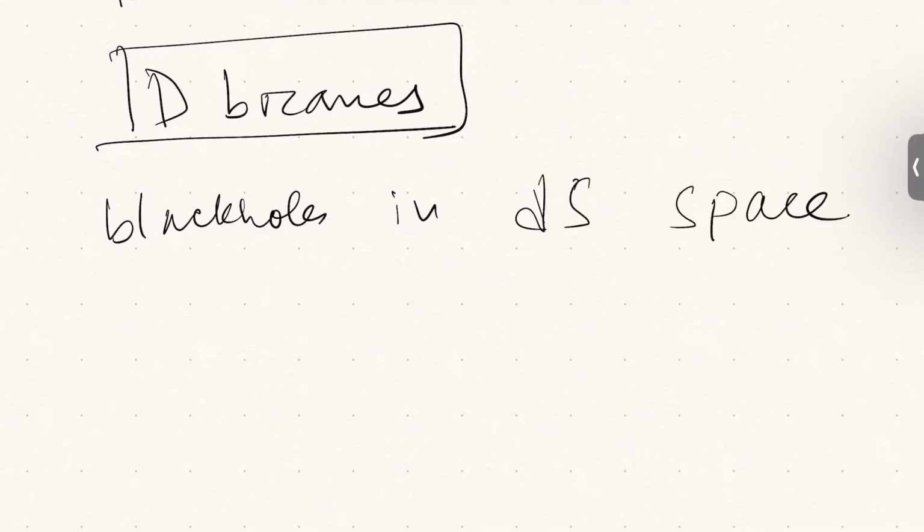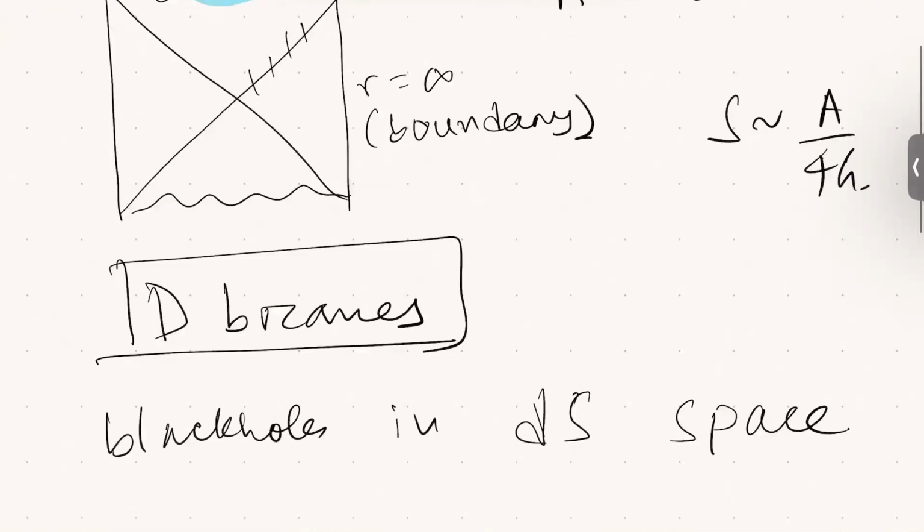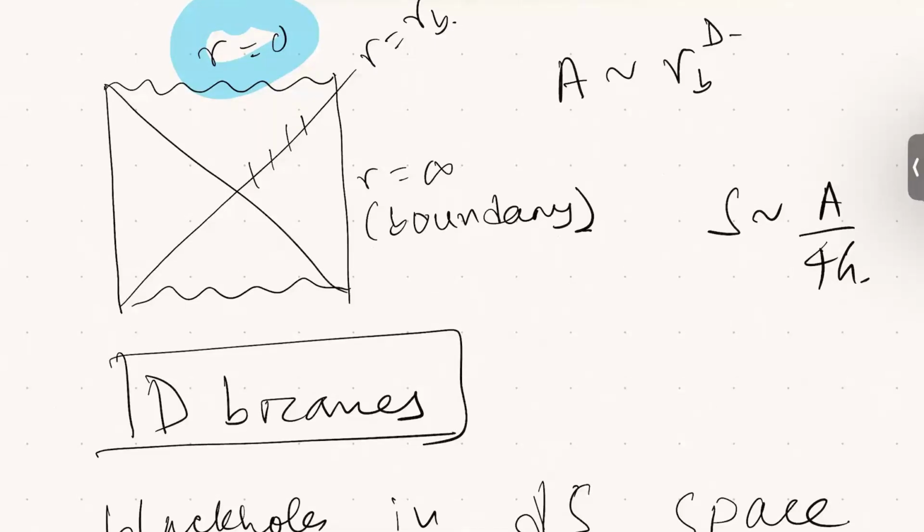The black holes we know can live in de Sitter space instead of anti-de Sitter space. But the problem is that for black holes in de Sitter space, we don't know how to count the appropriate system. But for black holes in anti-de Sitter space, we know how to count the microstates using techniques developed in the 90s.